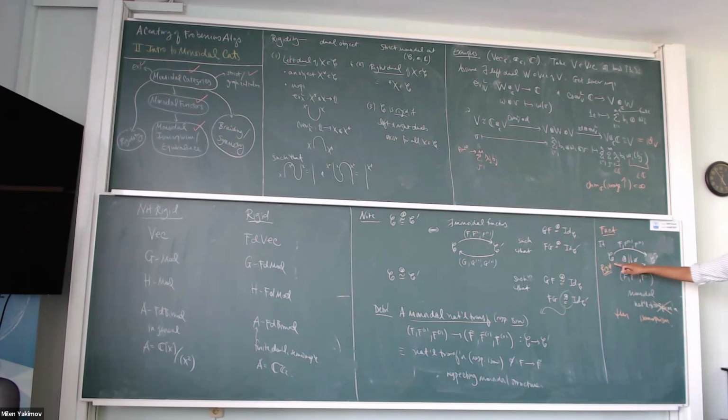So by imposing rigidity here, any natural transformation becomes a natural isomorphism.